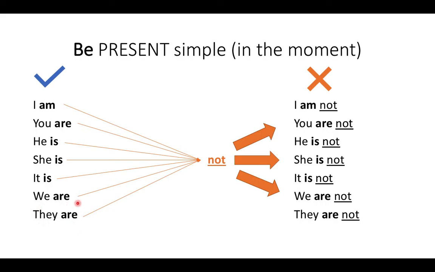And all we have to do is right after all of these, we just have to put not. Just not. And it makes it negative for no. It is not. I am not. You are not. He is not. She is not. It is not. We are not. And they are not. So this is all present.